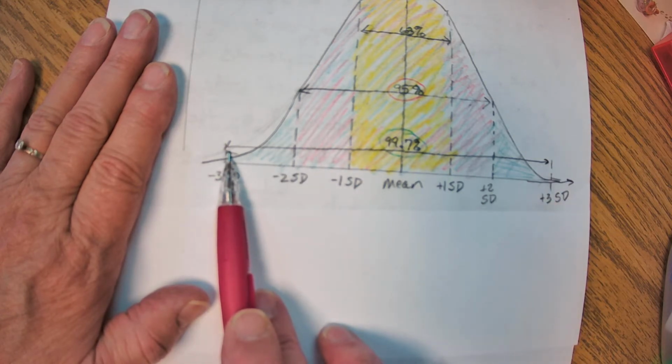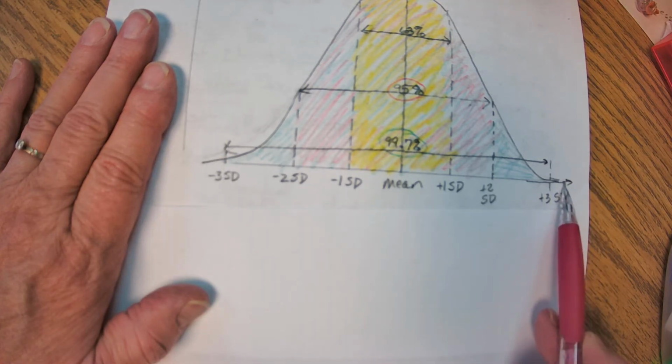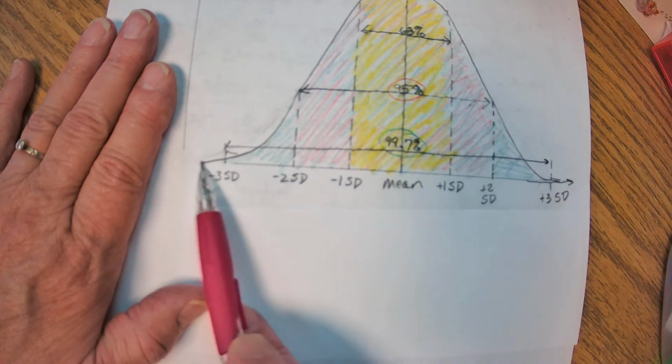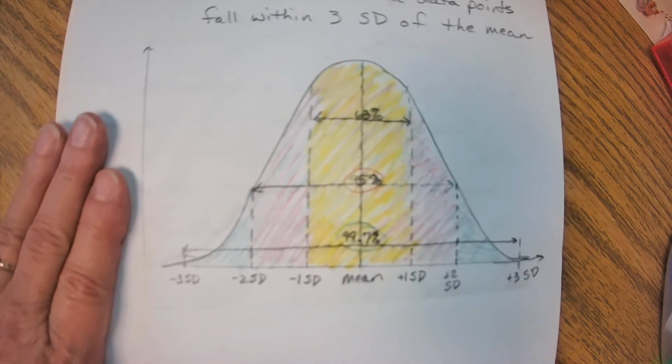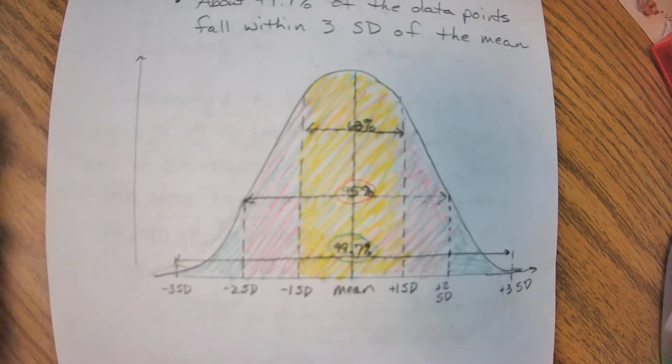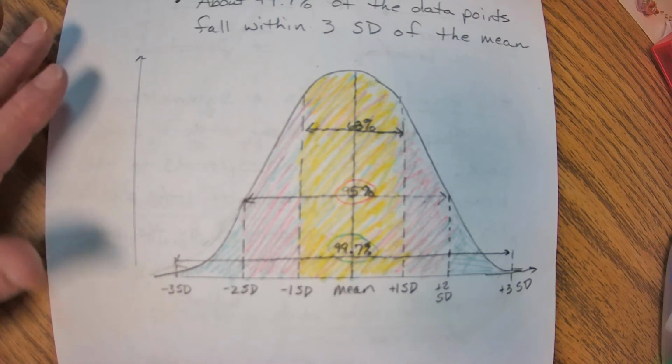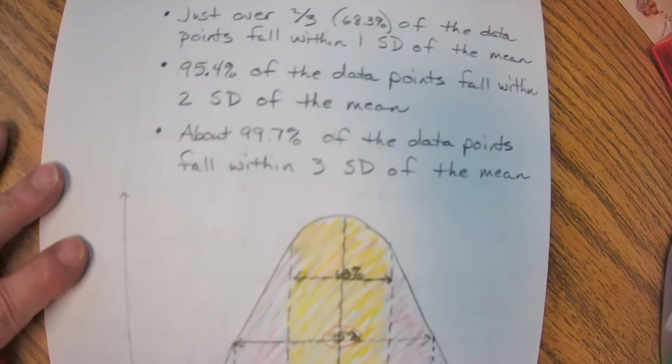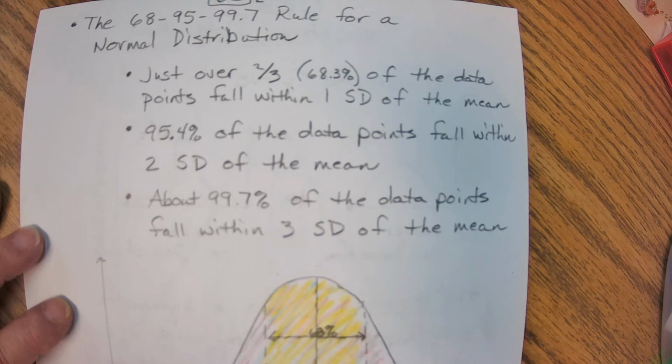So that means there's almost 0.3% way over here or way down here. Okay, so you're going to want to copy that diagram, and then that is just the words that describe the diagram.